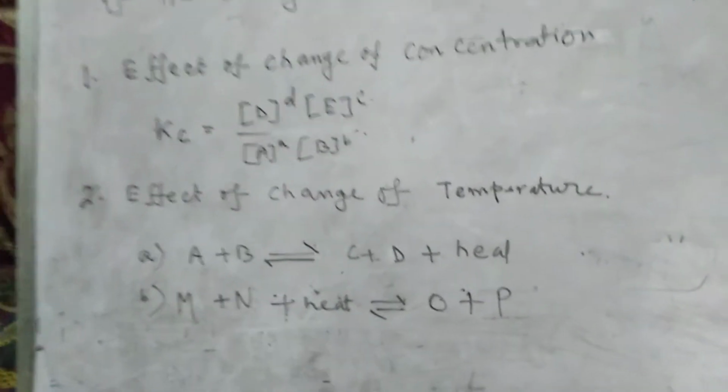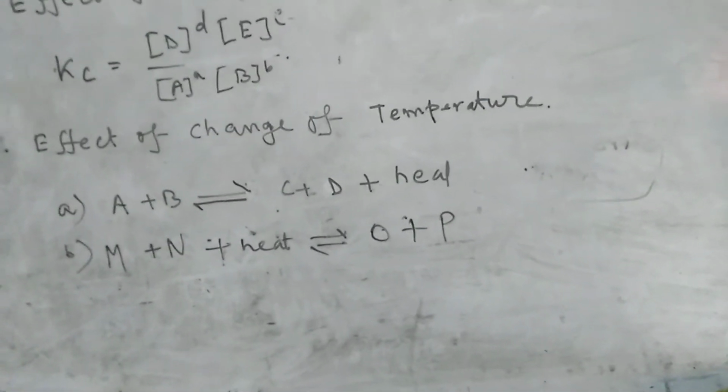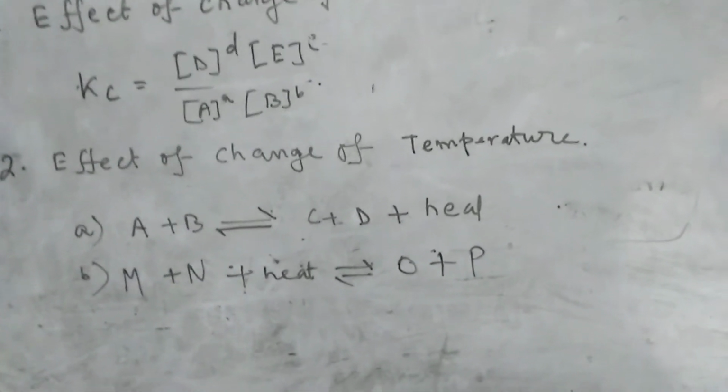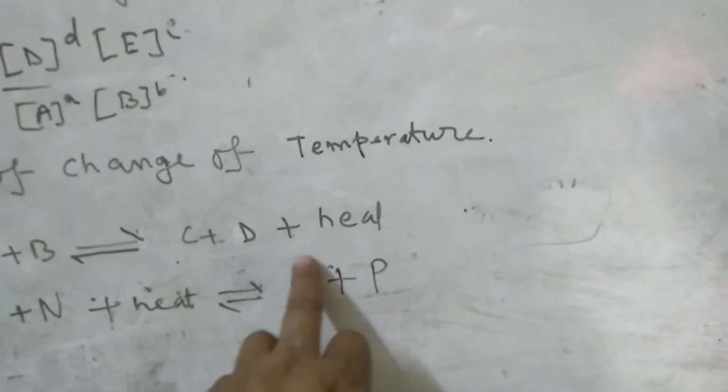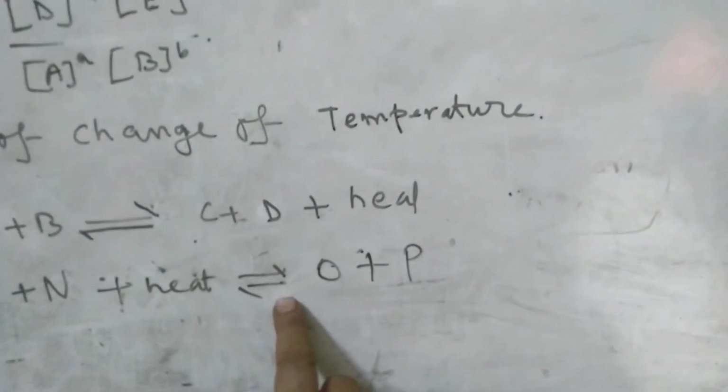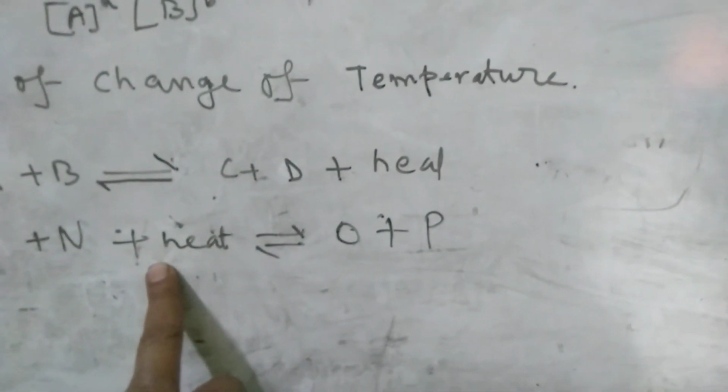Now we come to the effect of change of temperature. Here we have two types of reaction. One is exothermic reaction where heat is produced. Another is endothermic reaction where heat is required.